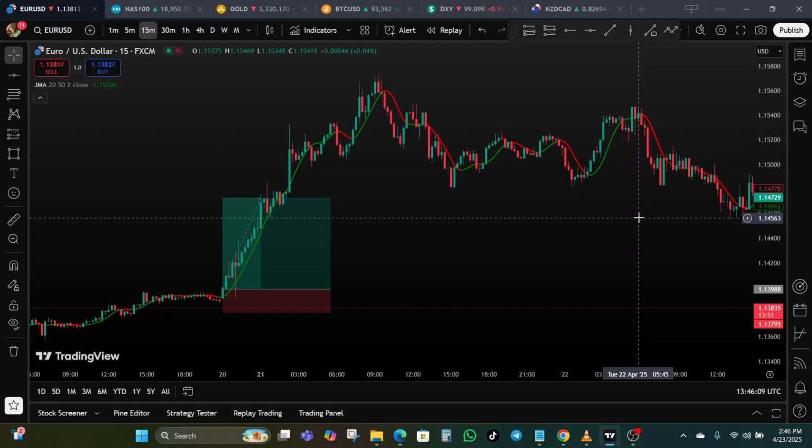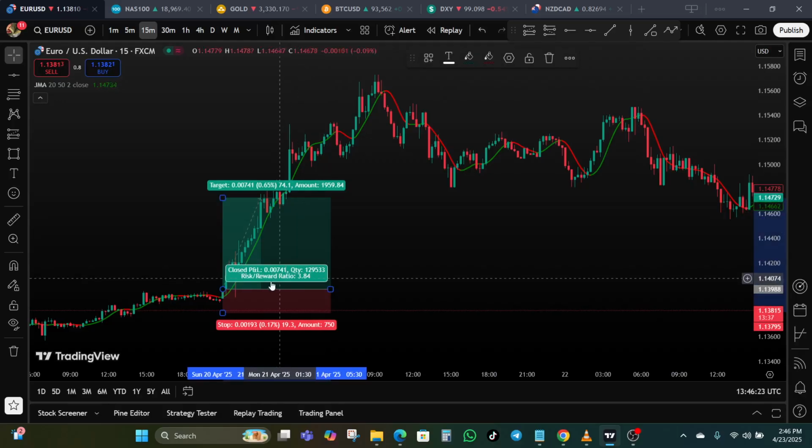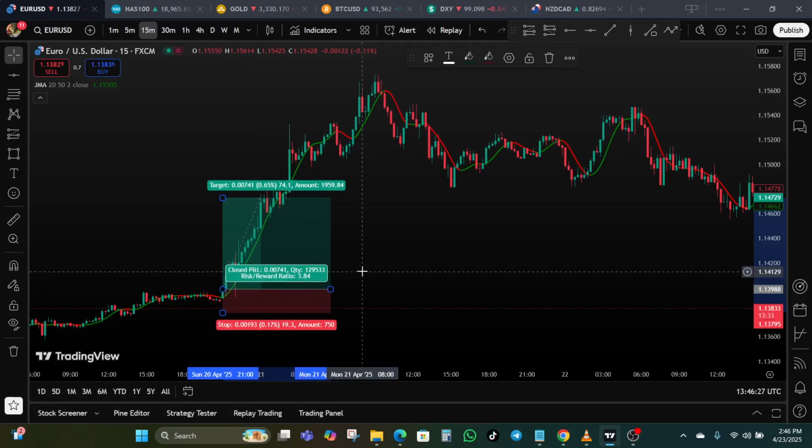Do not trade with an amount you cannot afford to lose. Do not risk more than 1 to 2% of your account balance in a single trade. And ensure that you use good risk to reward ratios. Like in this example that I gave, you can see that the risk to reward was good enough. Before you enter a trade, ensure that you have calculated your risk and your potential reward.